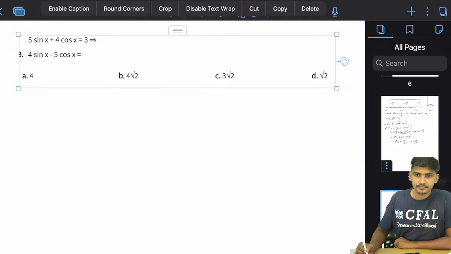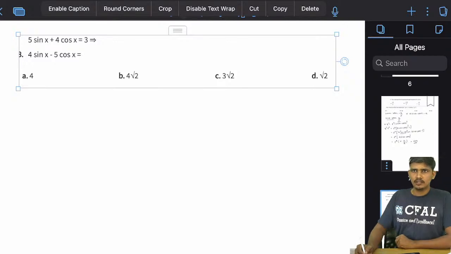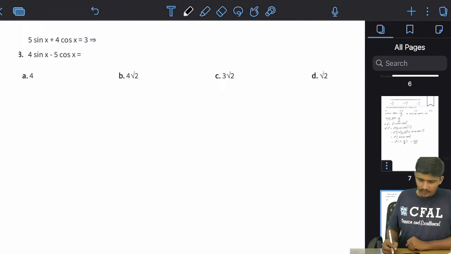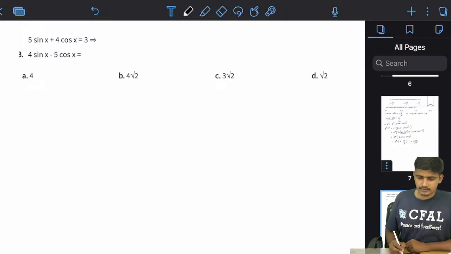Let's solve the 28th question. So we have 5 sin x plus 4 cos x is equal to 3, right? We need the value of 4 sin x minus 5 cos x.